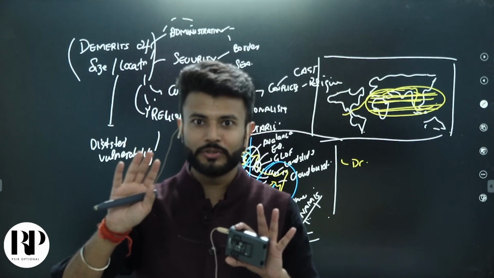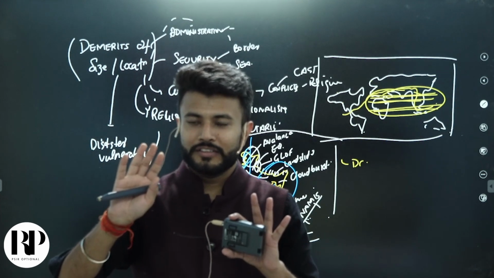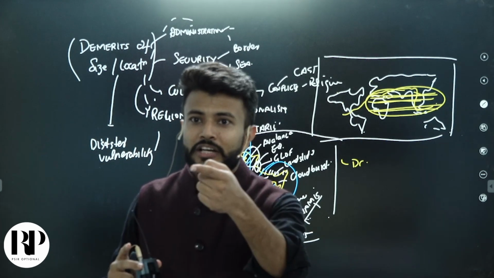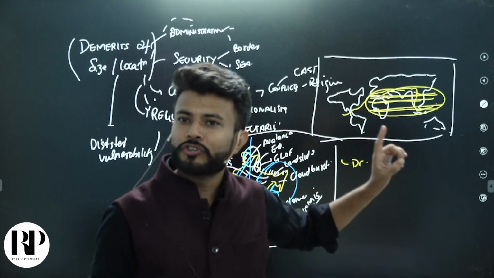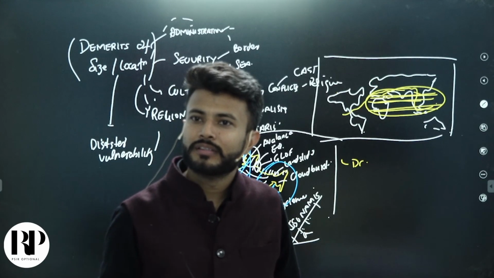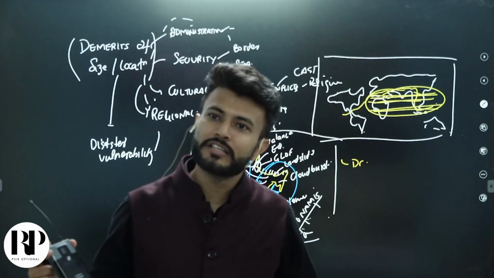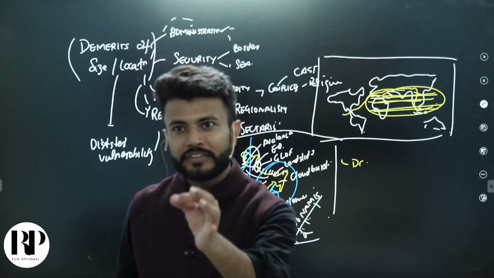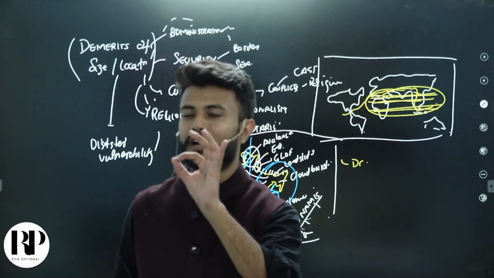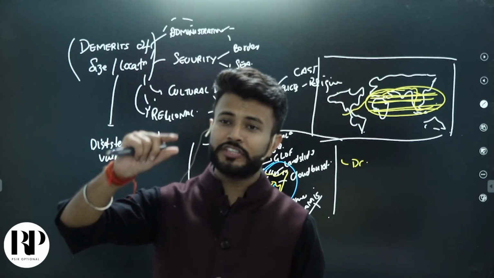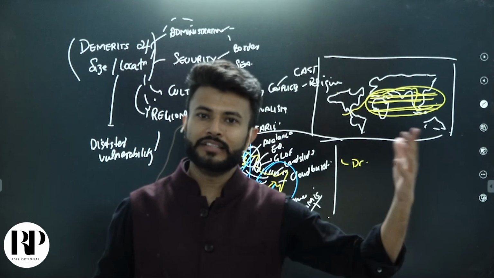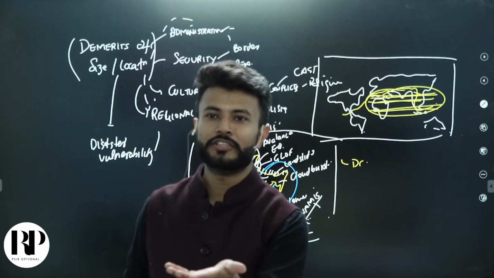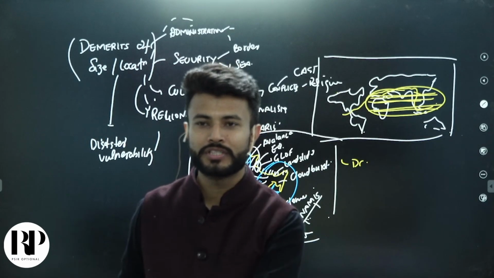Okay, so for temperate cyclones you had a theory. Did you read any theory for the formation of tropical cyclones? No, because there is no theory. For tropical cyclones you have just read about the conditions responsible for their formation. 28 degrees Celsius water has to be there, Coriolis force has to be there, warm water, a continuous supply of moisture, a heat engine.